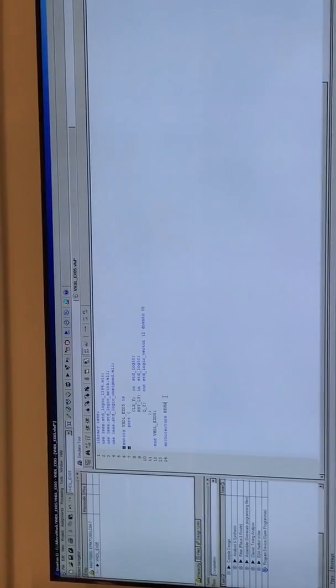So 1 clock, reset, and this is out. Okay, let's continue. This is the architecture.